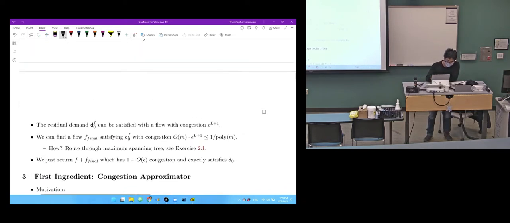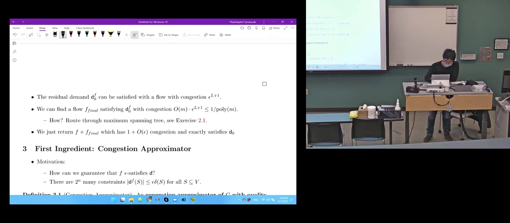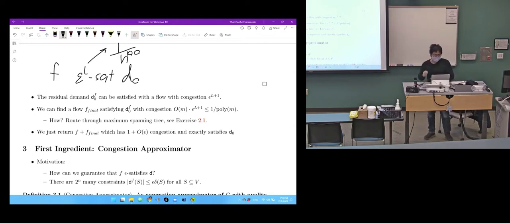So you have that epsilon to the L satisfies D0, where this is something like n to the 100. In particular, we know that the residual demand after you route this total flow F can be satisfied with very small congestion.